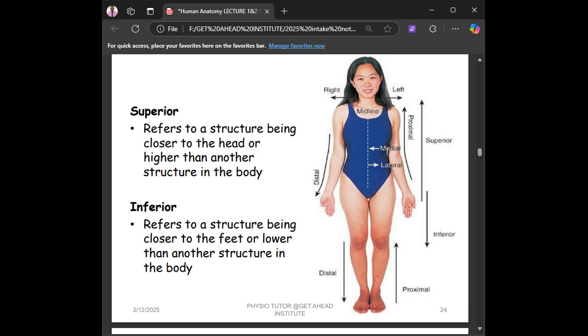For example, we can say that the heart lies superior to the diaphragm. Then inferior refers to a structure being closer to the feet or lower than another structure in the body. For example, you can say that the diaphragm lies inferior to the heart.